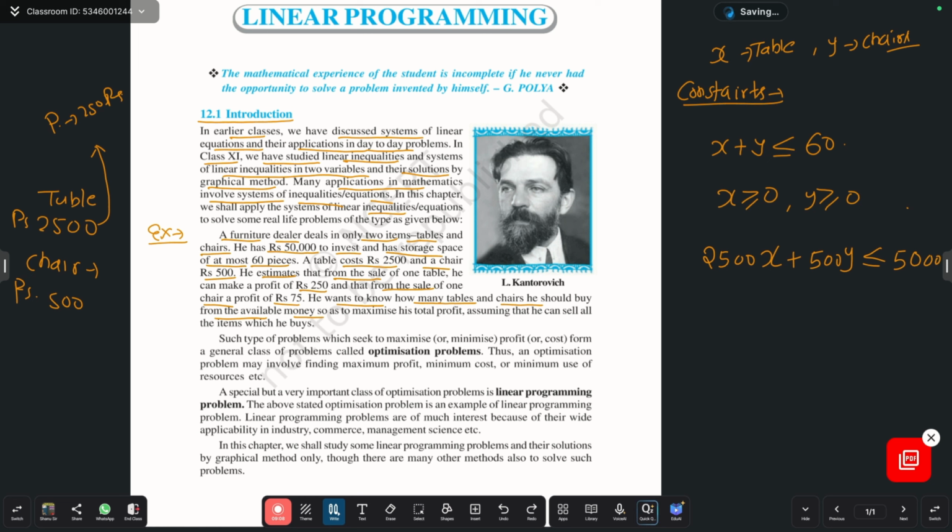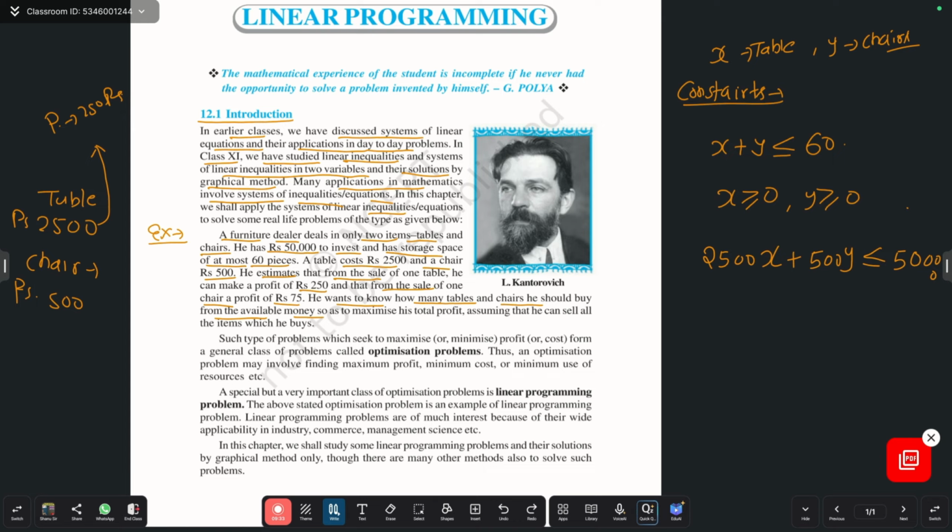Why 50,000? Because this is the money. Suppose you are purchasing X tables, so X into 2500 is the money invested, plus with the remaining money you purchase Y chairs, so Y into 500. If you add the total money, it is either 50,000 or less. Correct? So this is one more constraint.